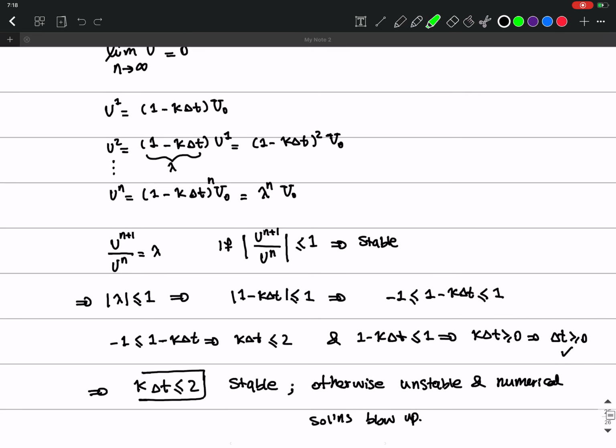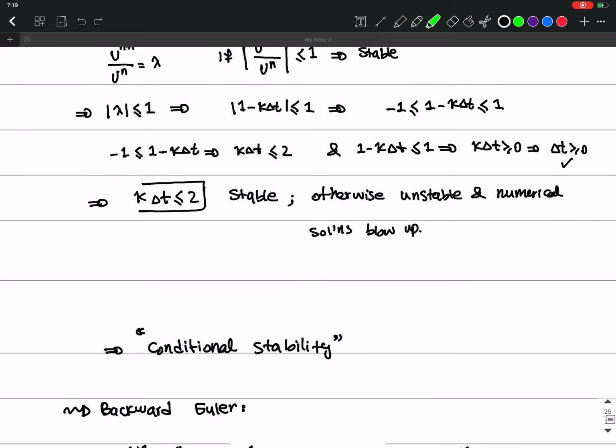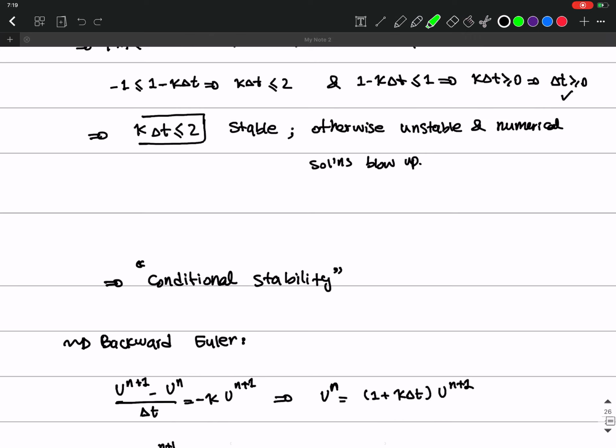Based on this, we found the criterion for stability: if our kappa delta t is smaller than or equal to 2, we will have a stable numerical scheme, forward Euler scheme. Otherwise, it will be unstable. Okay, so forward Euler is conditionally stable. It has a conditional stability.